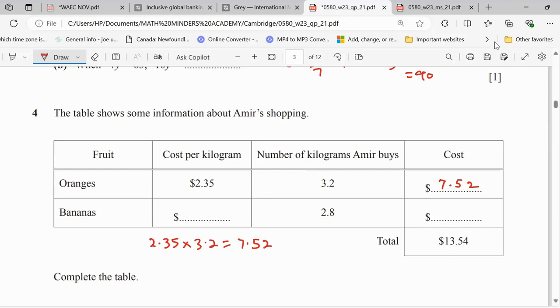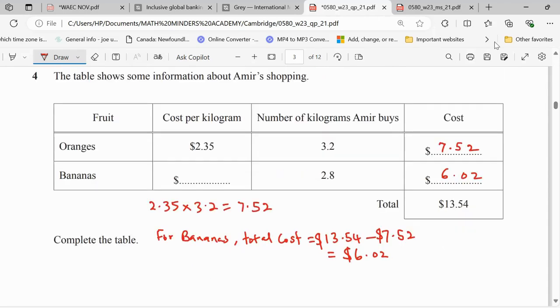So for bananas, total cost equals the overall cost, which is $13.54 minus $7.52. If we subtract this, it's going to give us $6.02.